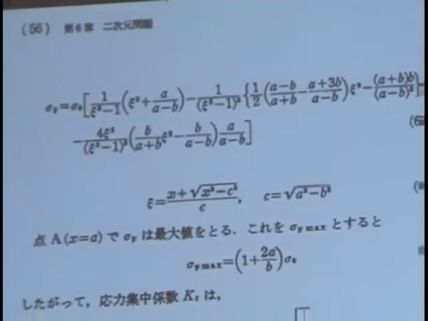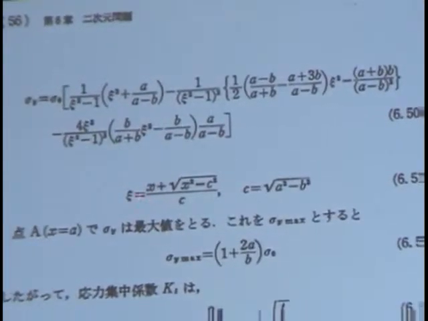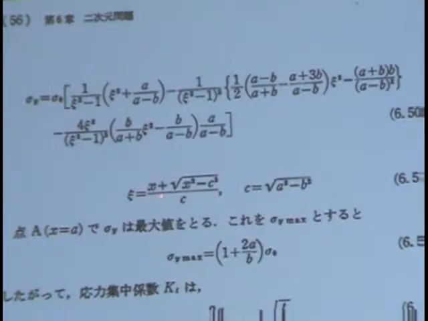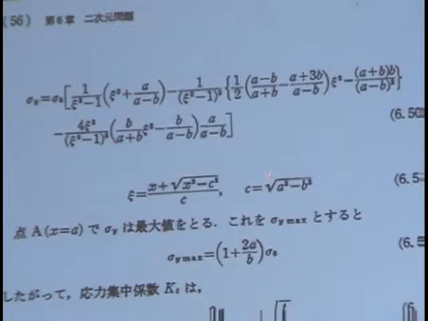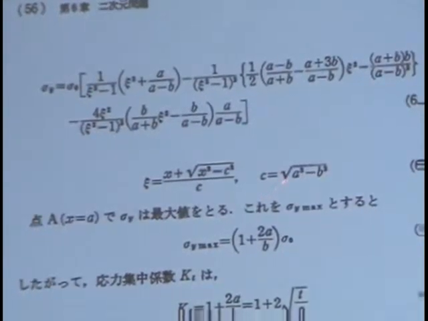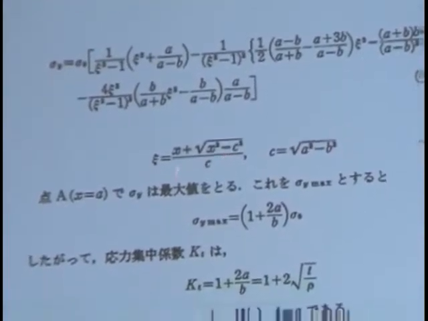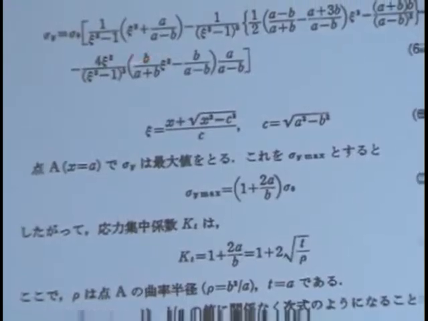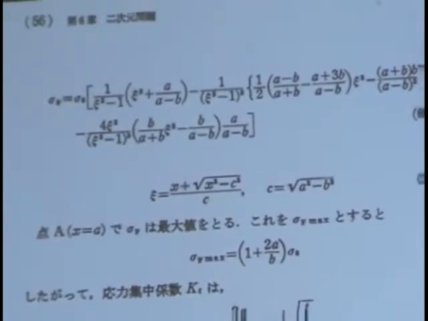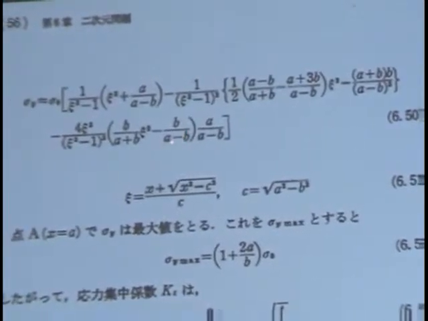And C in this equation can be expressed in this form, and C is the focus point of the elliptical hole, square root of A squared minus B squared. So you can easily calculate the stress distribution ahead of the elliptical hole.